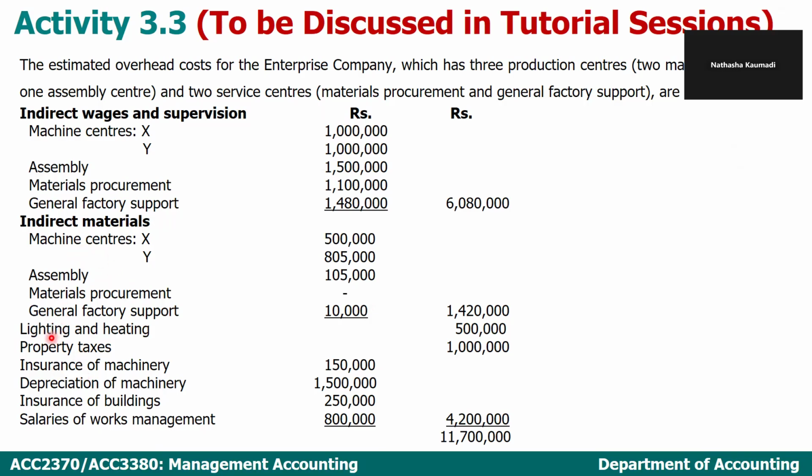Then if you look at lighting and heating, property taxes, insurance of machinery, all these overhead items are there, but the allocation for each department is not given. That means you have to select an appropriate allocation base and allocate the cost to each department. That's what we did.